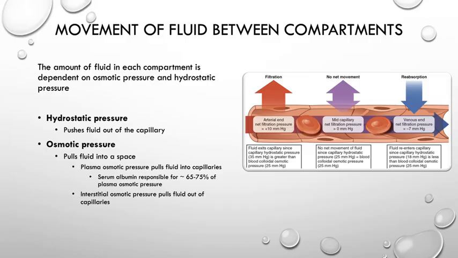Osmotic pressure is a pressure exerted by the solute. Water will always move from an area of low solute concentration to high solute concentration. Hydrostatic pressure pushes fluid out of the capillaries, while osmotic pressure pulls fluid into the capillaries. Albumin plays a major role in plasma osmotic pressure.